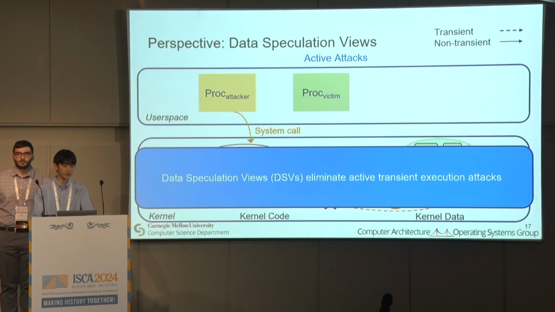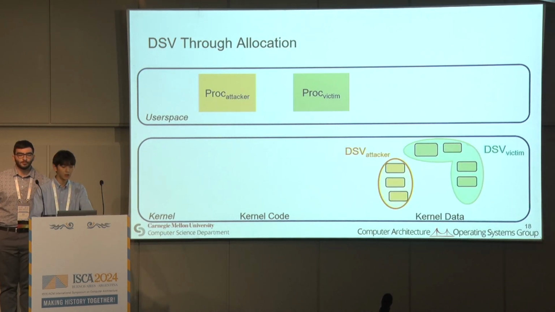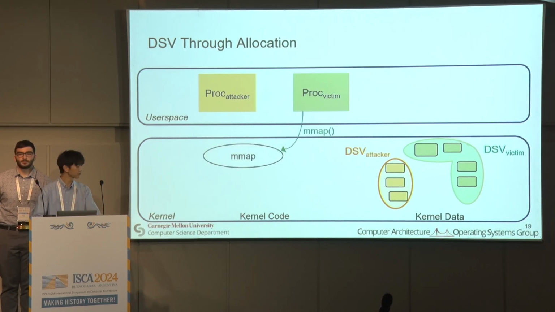DSVs provide a robust security guarantee, but how do we define such data ownership? There are many design choices possible, but we propose one approach based on allocation. We modify the operating system to track memory allocations and associate them with their corresponding execution context. Consider an explicit allocation where resources are explicitly requested by user space, for example, through mmap.